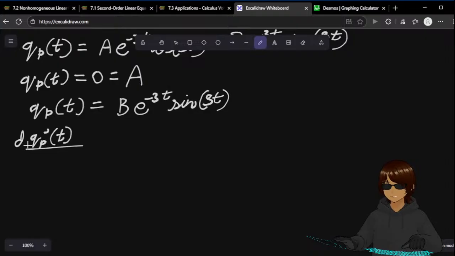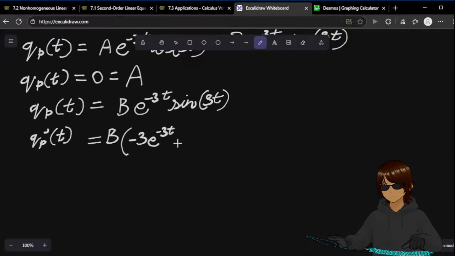Yeah. The derivative of the first times the second plus the first times the derivative of the second.